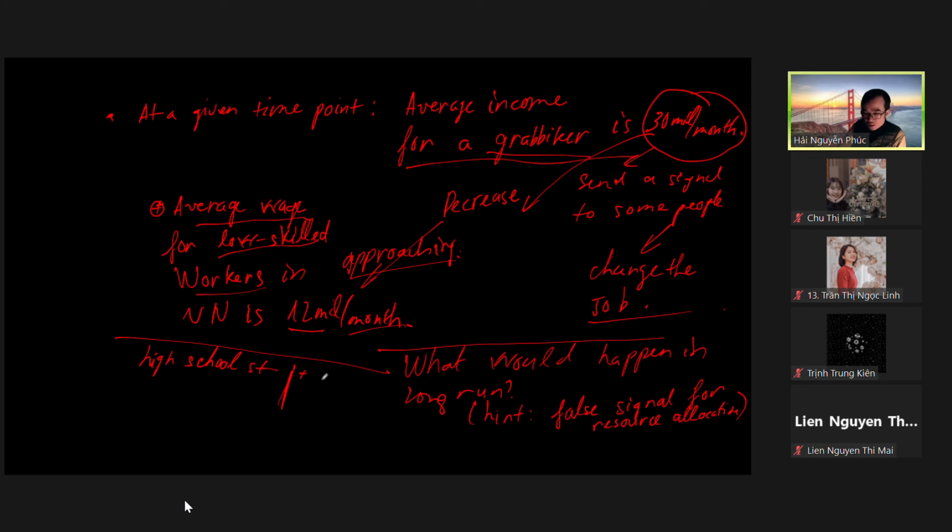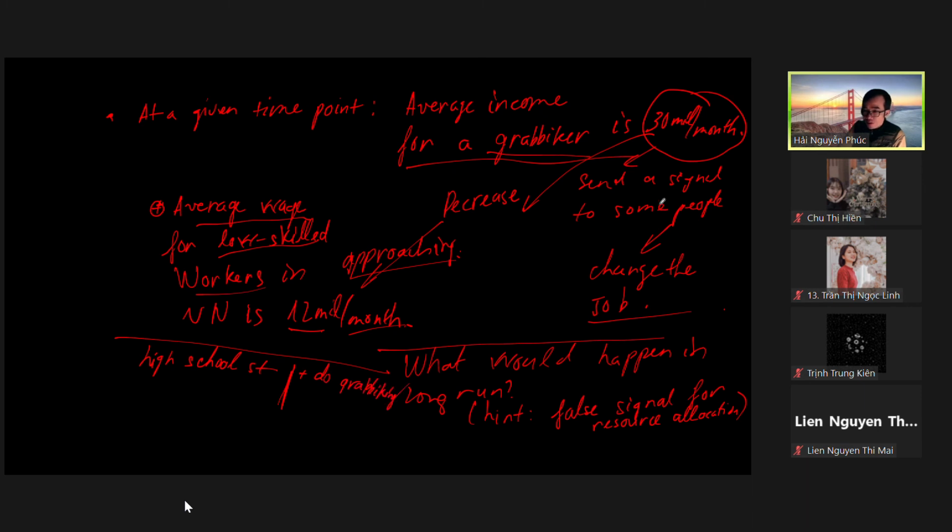The first option is to do the Grab biking to earn this amount of money. And the second option, he can attend the university. And what would happen?